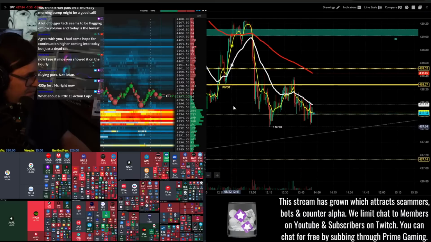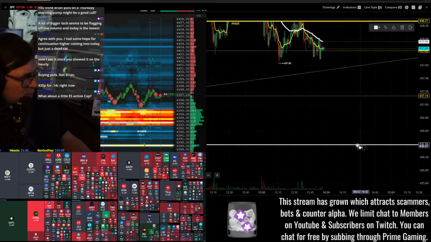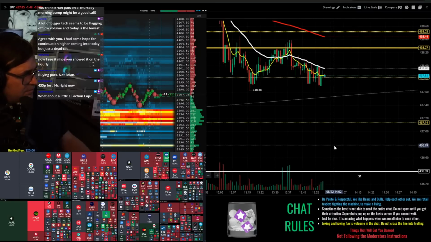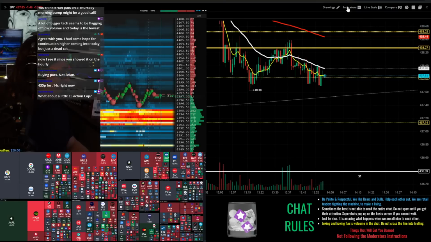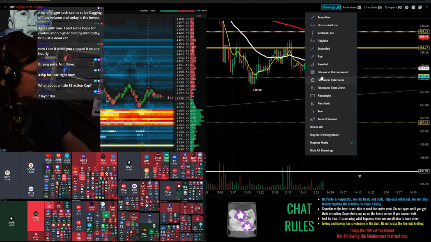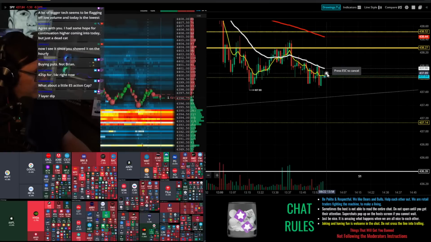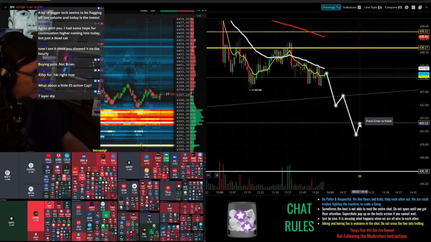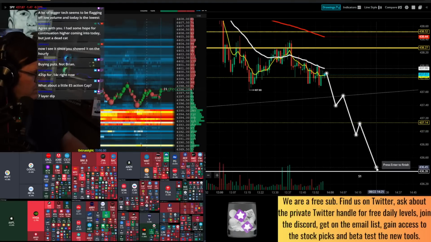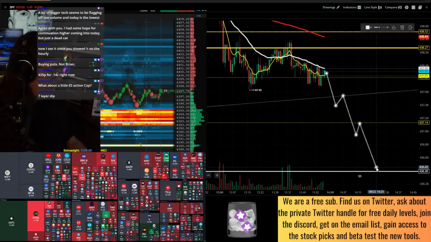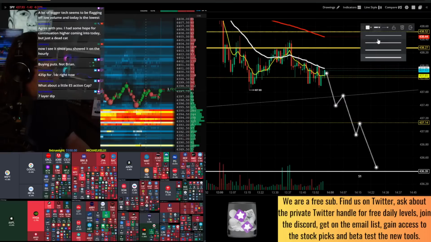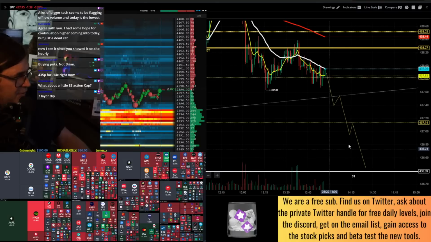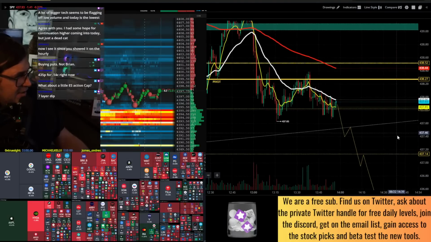So here's S1 right here with the downside target. So if you're like one of those doom bears, there's your downside target.